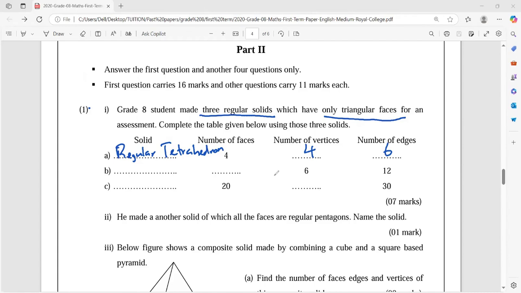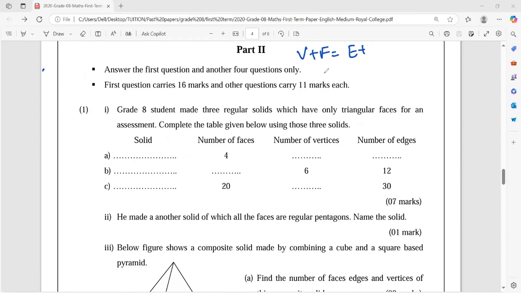So what about this one? If you have number of vertices 6 and number of edges 12, to calculate the number of faces you can use the equation V plus F equals E plus 2. This is Euler's relationship.